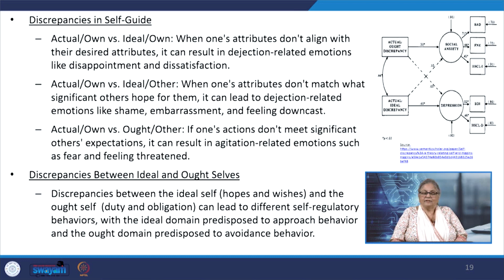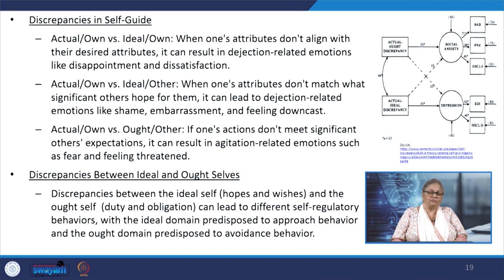In this context, when one's attributes don't align with their desired attributes, it can result in dejection related emotions like disappointment and dissatisfaction. In the actual own versus ideal other scenario, when one's attributes don't match with significant others' hope for them, it can lead to dejection related emotions like shame, embarrassment, and feeling downcast.